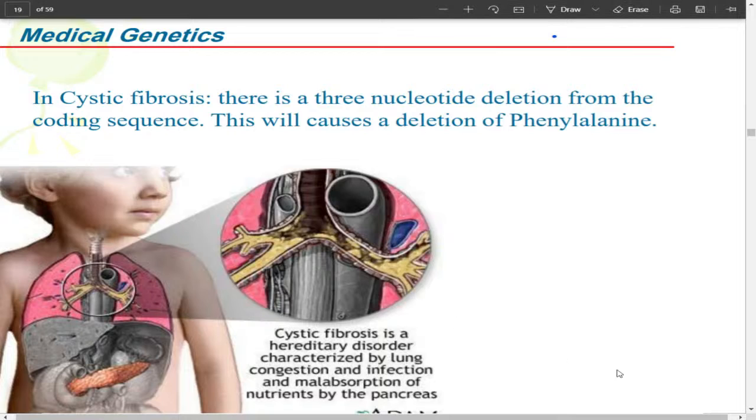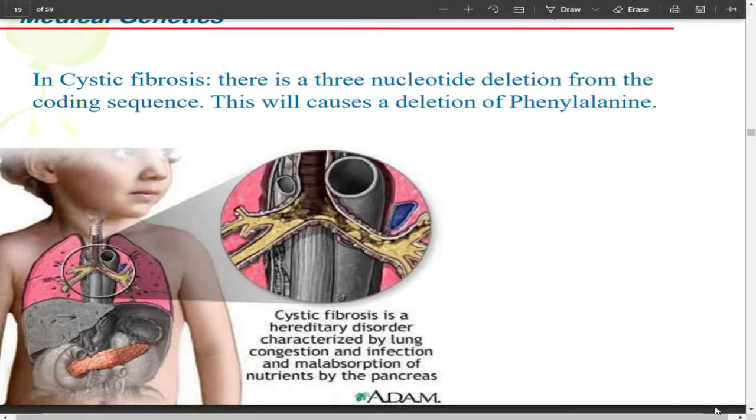This picture shows cystic fibrosis, which is a hereditary disorder characterized by lung congestion and infection and malabsorption of nutrients by the pancreas. Here we can see it in the lungs.